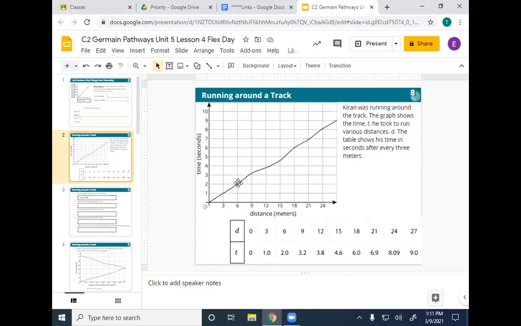Good. So she went over to 6 meters because the x-axis is talking about meters. And then she went up to where it hit our line, and then she followed it over to our y-axis. That was a really good description there, Alyssa. And from there, she said 2, and she gave it a label of seconds. Nice job, Isabella, on that as well.